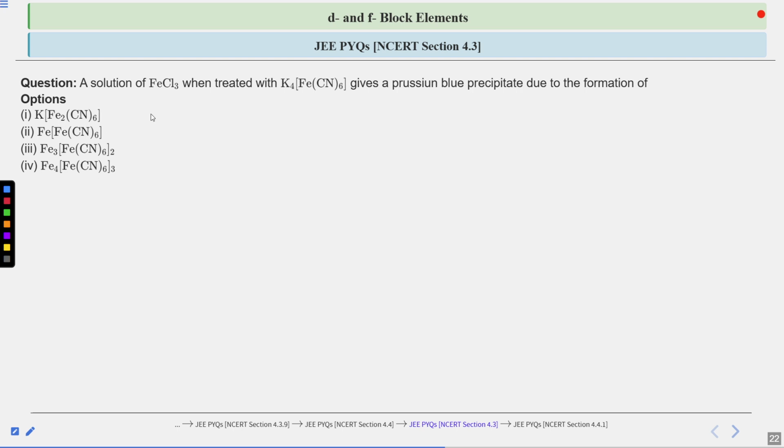KFe2[Fe(CN)6], Fe[Fe(CN)6], Fe3[Fe(CN)6]2, or Fe4[Fe(CN)6]3. So you have been given some time, try to solve this, then we will see the correct answer.